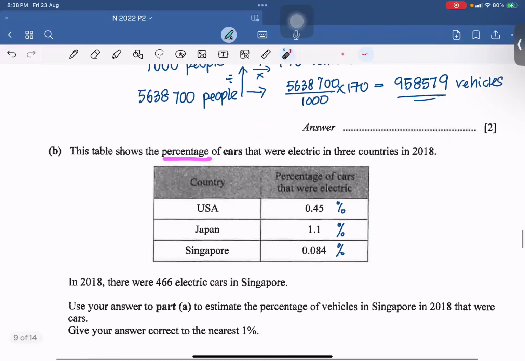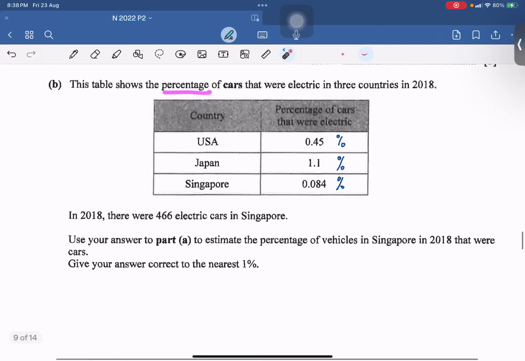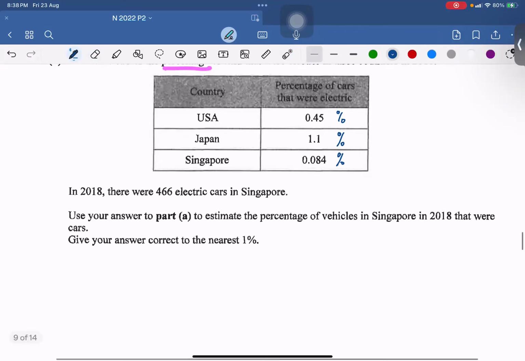So I try to understand what the question is trying to tell me. Since they want car, so 466 electric cars means this is the percentage, 0.084%, representing 466 electric cars.